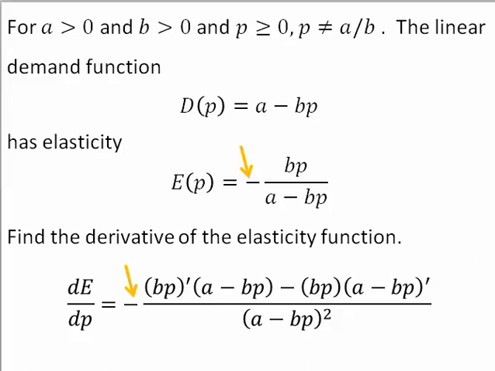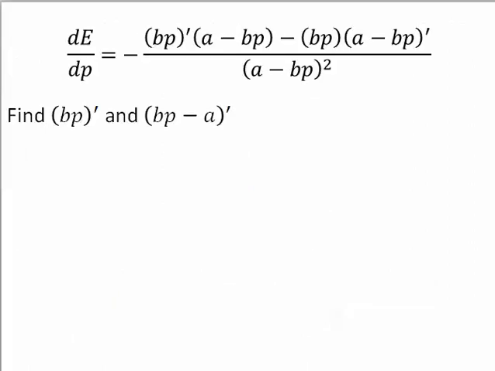So I've set up the quotient rule, and next I'm going to take the derivative of the pieces BP and BP minus A. Keep in mind that B and A are both numbers, while the price P is our variable. So I'm taking the derivative with respect to P, the price.